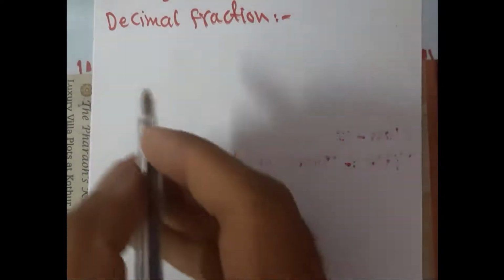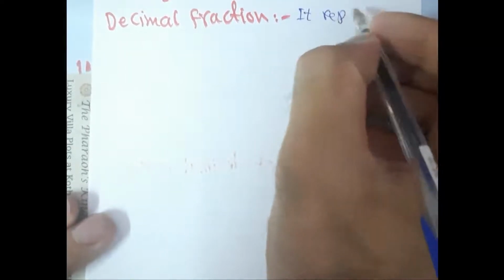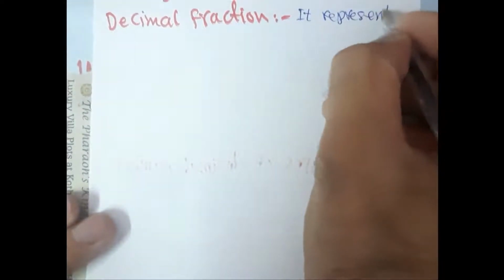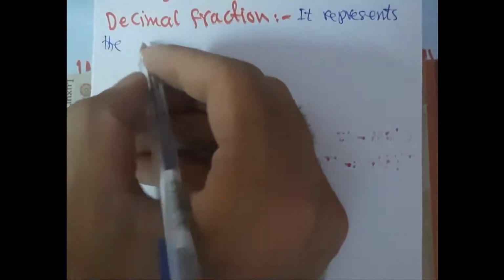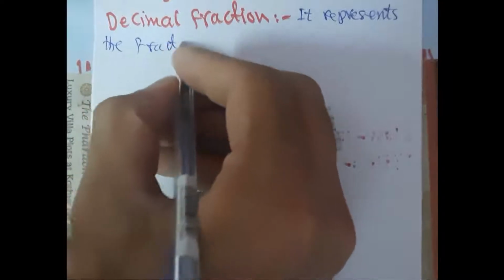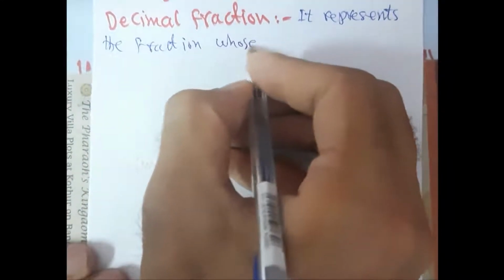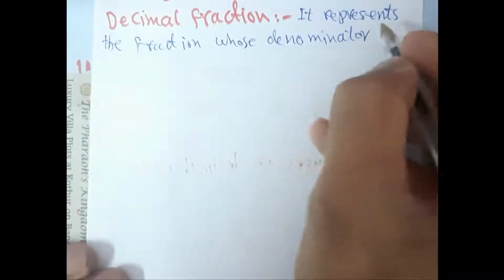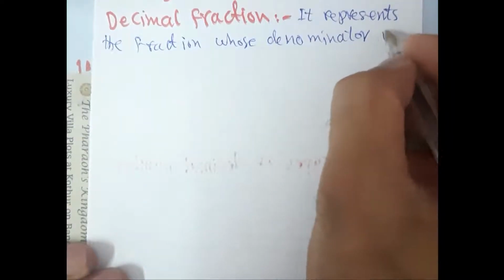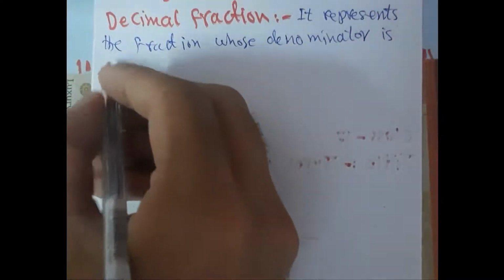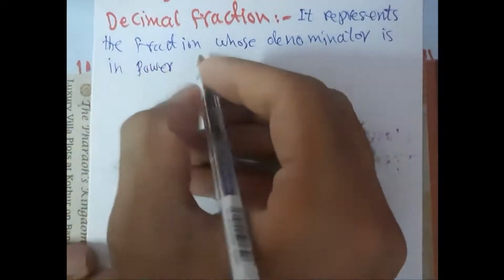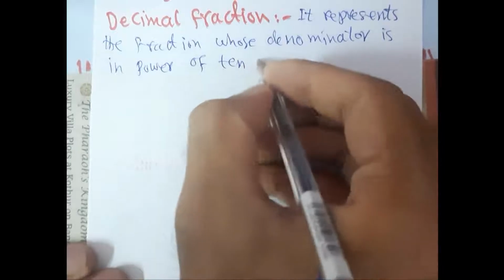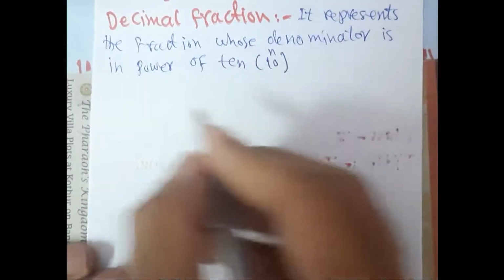We define it: it represents the fraction whose denominator is a power of 10, 10 to the power n, like this.